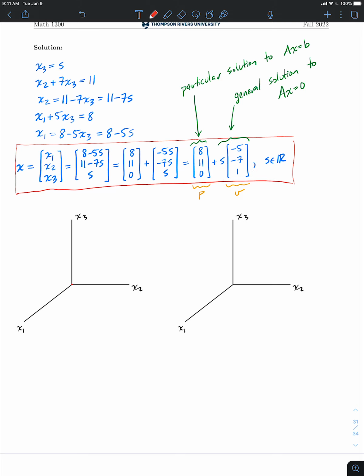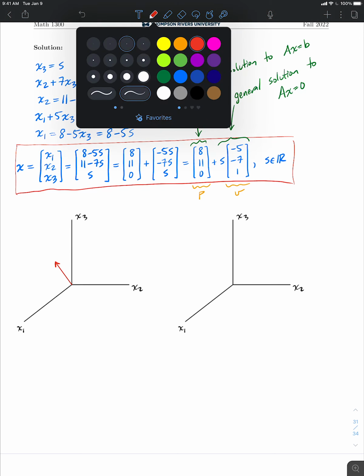That'll look something like this, again kind of like our previous example. I'm not going to get too carried away with trying to make this precise. Just know that the x1 and x2 coordinates are negative, so it's kind of pointing behind the x3 axis, but then the x3 coordinate's positive, so it's going to have an upward inclination to it somewhat, but it's kind of hard to capture that in a drawing like this without adding a whole bunch of shadows and shading.